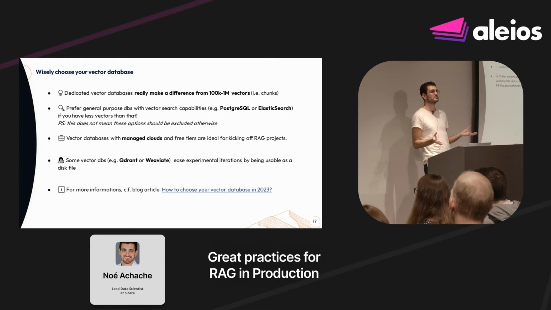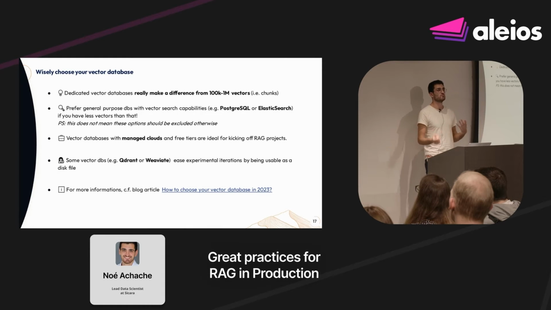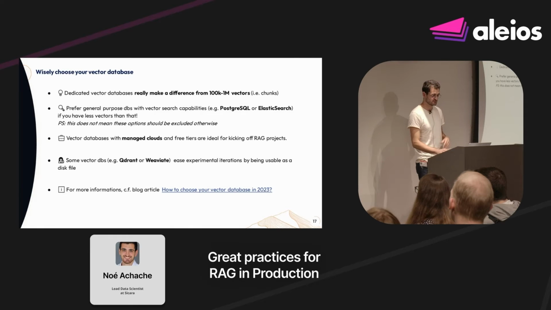Because if you start with PostgreSQL, then you can use it as a normal database as well. So it will be much easier to use, and it will really simplify your stack. This does not mean that if you have more vectors than that, you shouldn't use PostgreSQL or stuff like this. It just means we may wonder what is a good choice then.